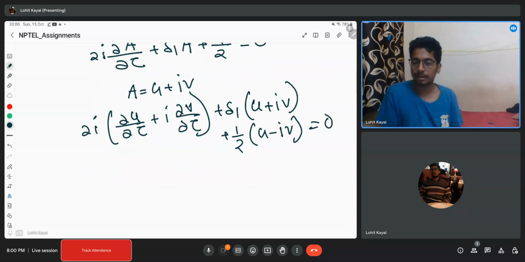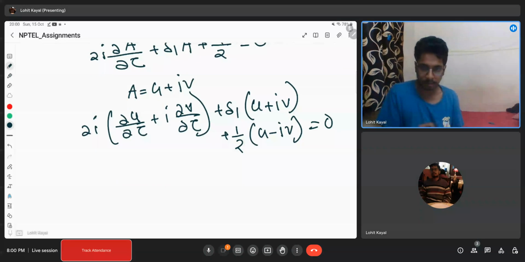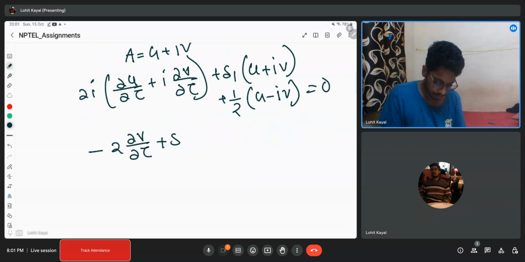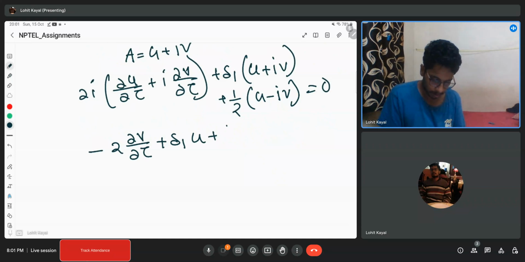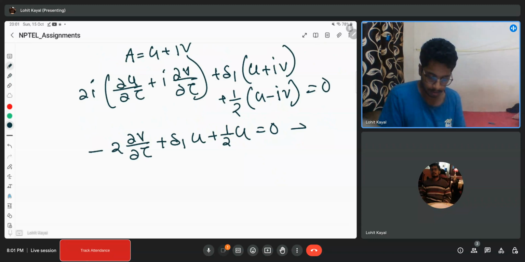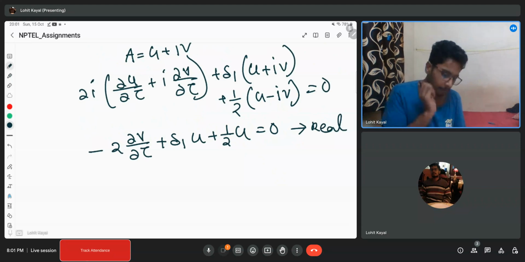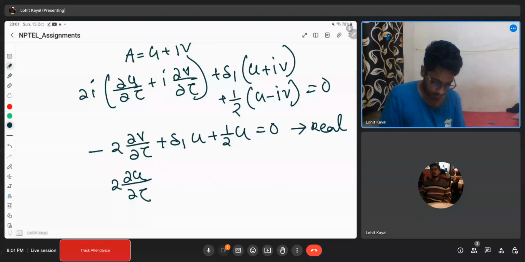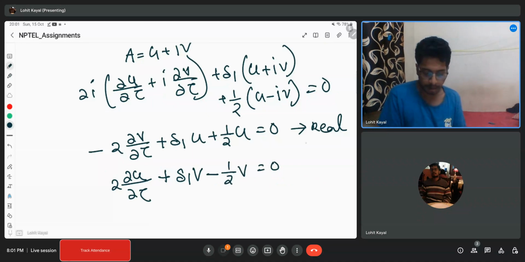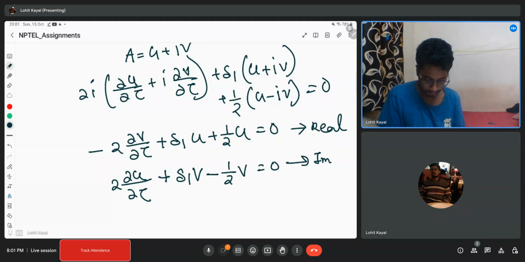Now we need to separate the real and imaginary parts. From the real part we have minus 2 del v del tau plus delta 1 u plus half u equal to 0, and from the imaginary part, 2 del u del tau plus delta 1 v minus half v equal to 0.